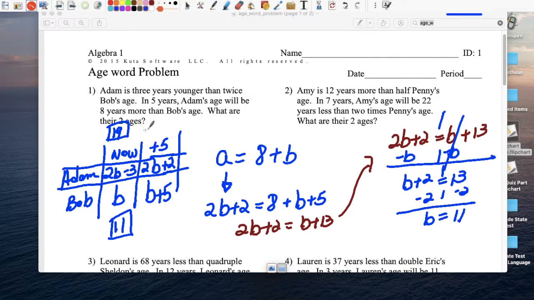Adam would be 19 plus 5, which would be 24, and Bob would be 16, right? So it says that in 5 years, Adam's age will be 8 more than Bob's age. And that makes sense. Look, in 5 years, Adam is 24, and Bob's 16, so Adam is indeed 8 years more. Okay.